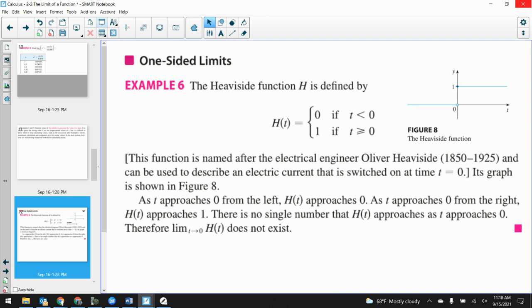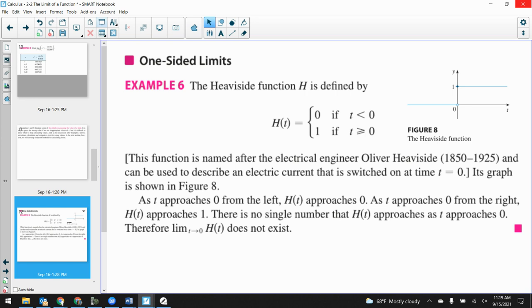Okay, so a little bit of background on this guy. This function is named after the electrical engineer Oliver Heaviside and can be used to describe an electrical current with a switch on, right? As t approaches 0 from the left, the function approaches 0. As t approaches from the right, the function approaches 1. So therefore, there is no single number that H of t approaches at time 0.